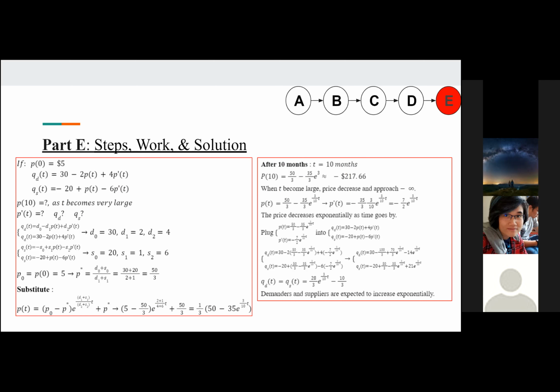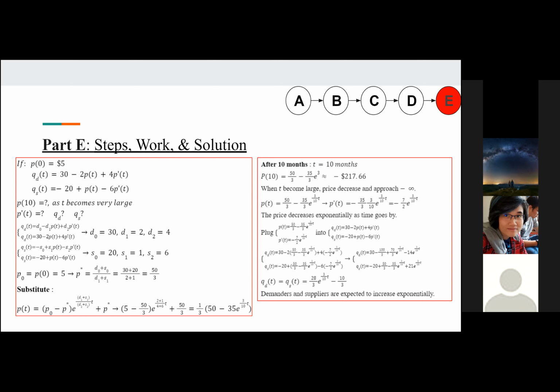When we compare the two given equations of quantity of demand and quantity of supply, we get the values for the constants: D0 equal to 30, D1 equal to 2, D2 equal to 4, and S0 equal to 20, S1 equal to 1, S2 equal to 6.